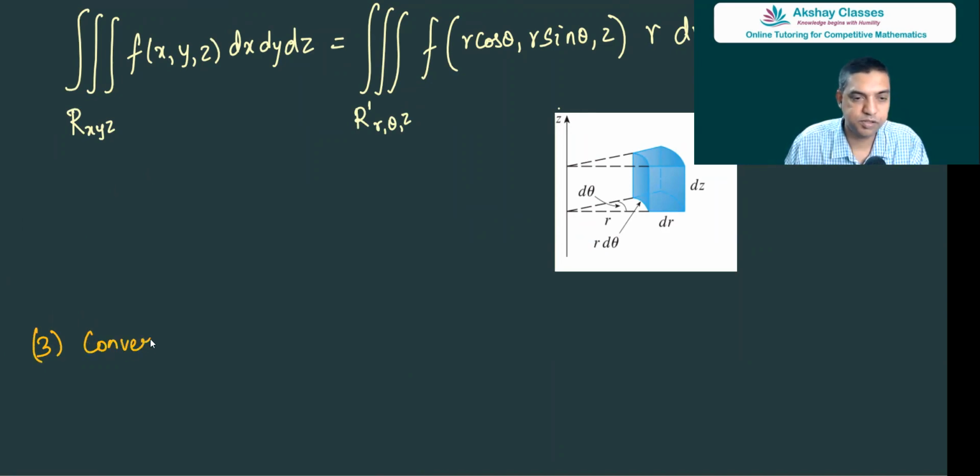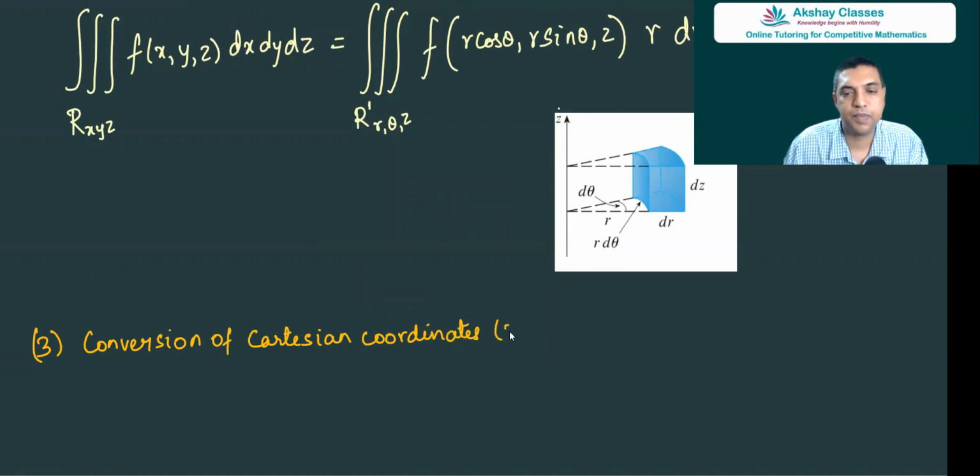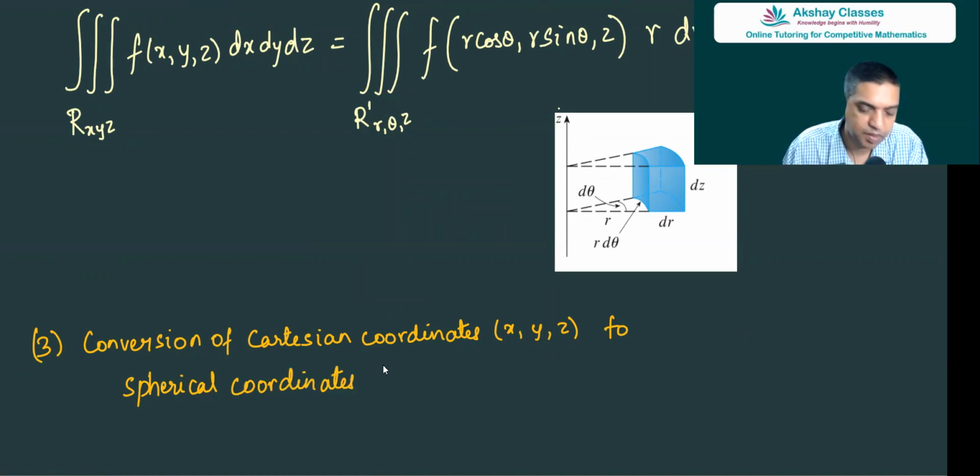Conversion of Cartesian coordinates x, y, z to spherical coordinates r, theta, phi.